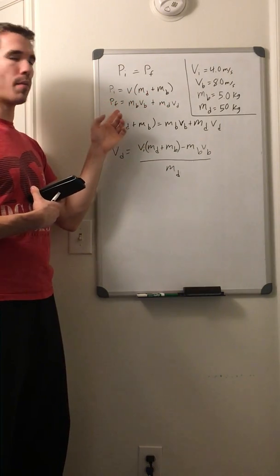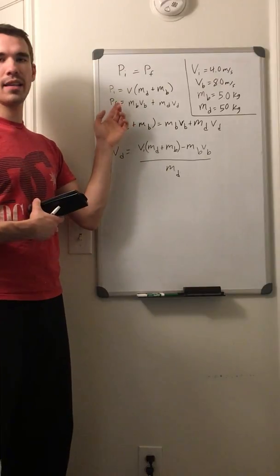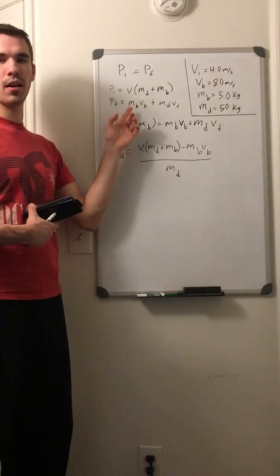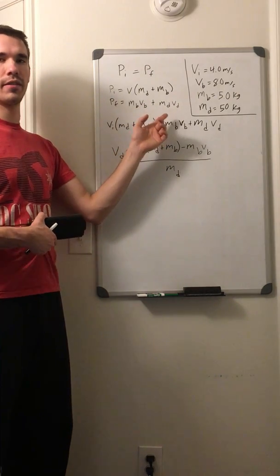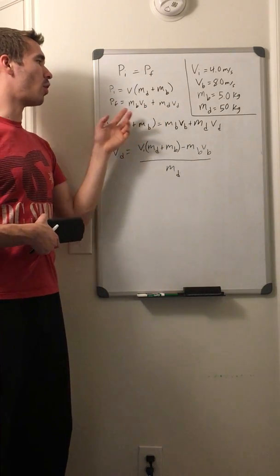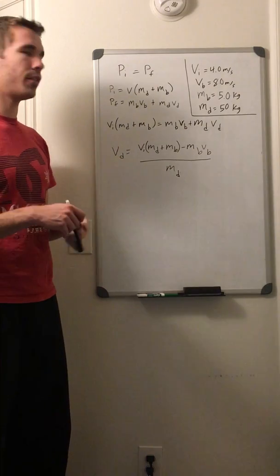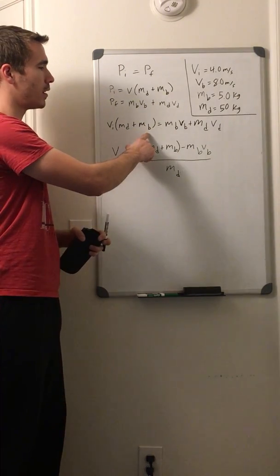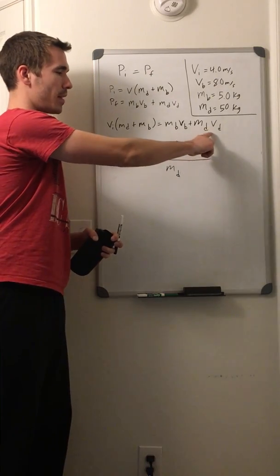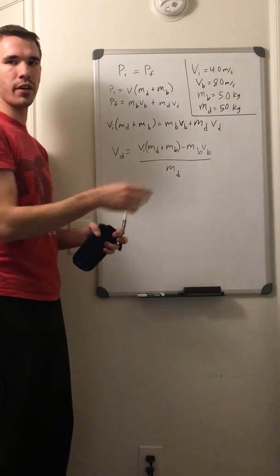And our final momentum is the mass of the board times the velocity of the board plus the mass of Dan times the velocity of Dan. So adding these together, the initial momentum is equal to the final momentum. So we get this equation here.